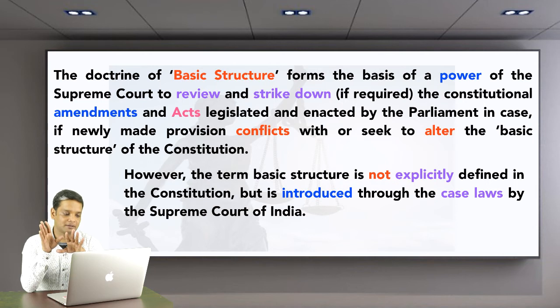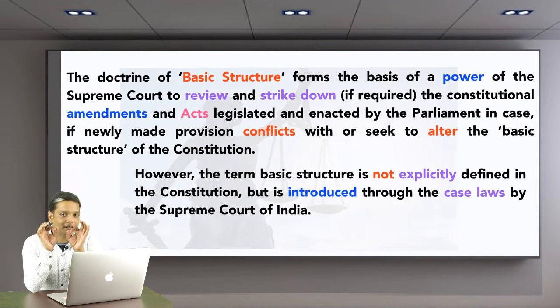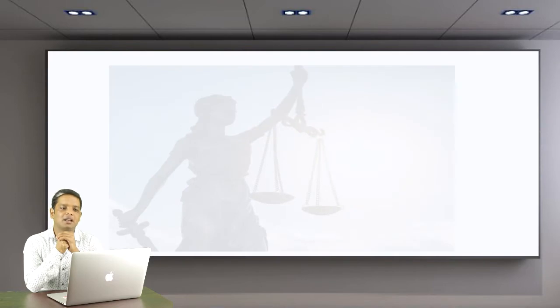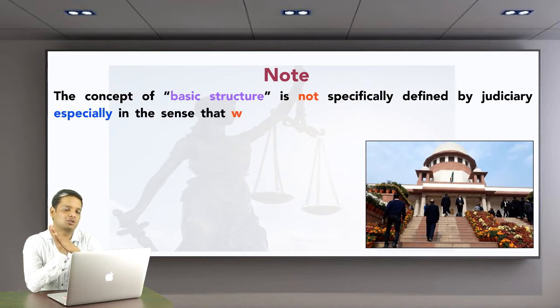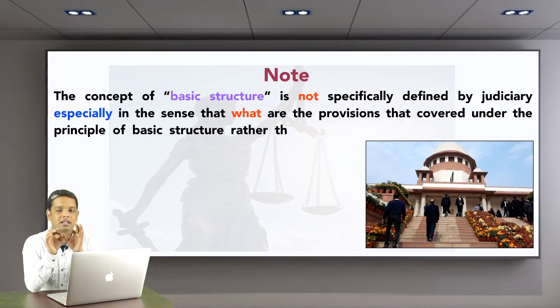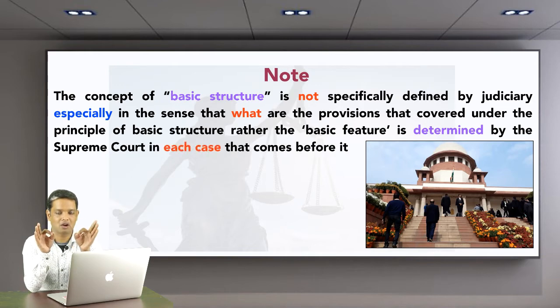But there are certain provisions in the Constitution that reflect the concept of basic structure. At this point, I would like you to note down another important point: while defining the concept of basic structure or basic feature of the Constitution, the judiciary has not explicitly or conclusively defined which provisions are covered under the doctrine of basic structure.